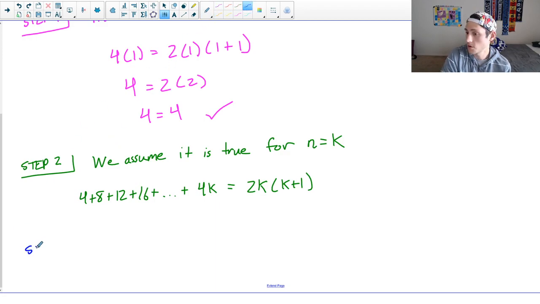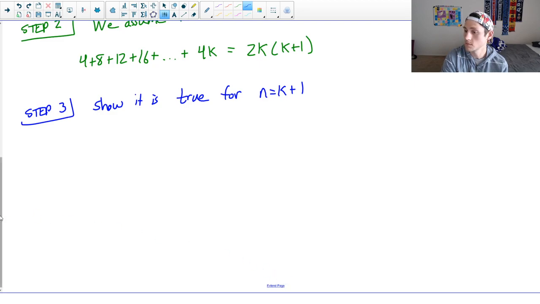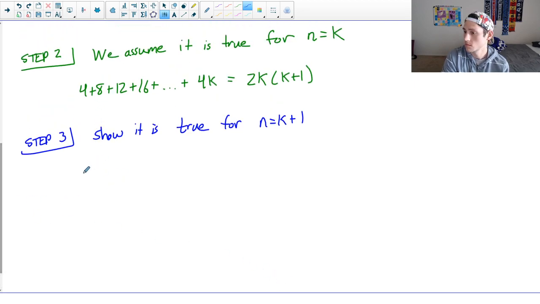Okay, so step 3. Show, or prove, whatever, that it is true for n equals k plus 1. So not only is this going to go up to just 4k, but then it'll go up into the next term after that, which is 4 times (k plus 1).